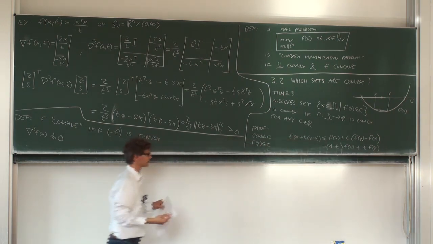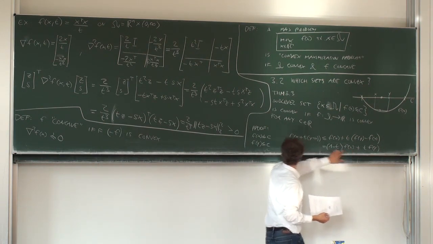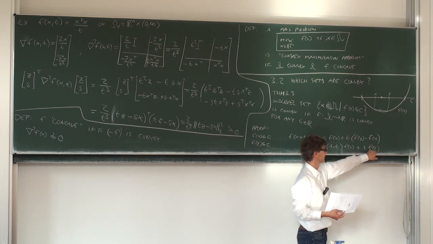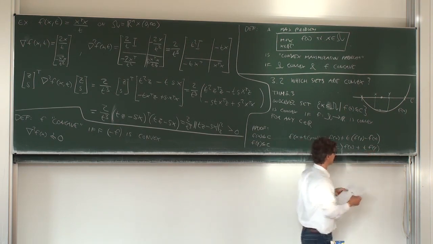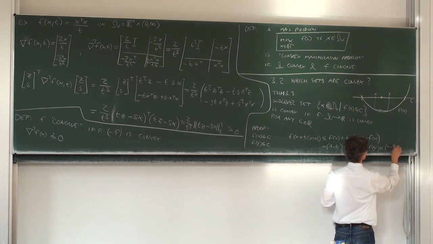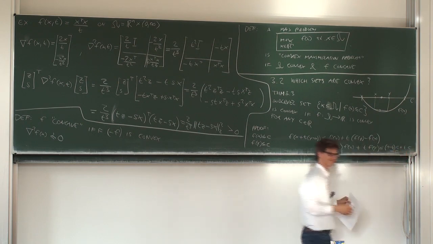It's 2 ways to express these convex combinations. But this thing is smaller than c and multiplied with a positive number, and this thing is also smaller than c and multiplied with a positive number. So this will be smaller than 1 minus t times c plus t times c, which is equal to c.